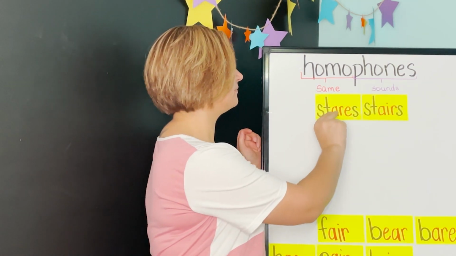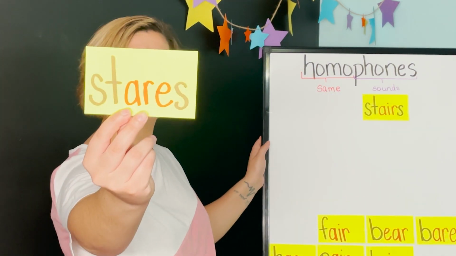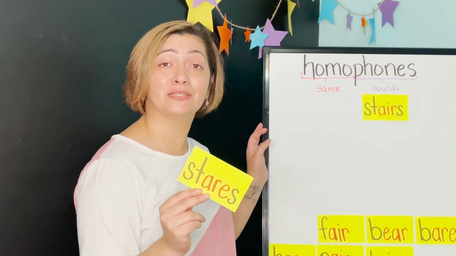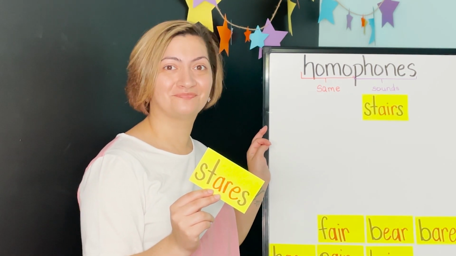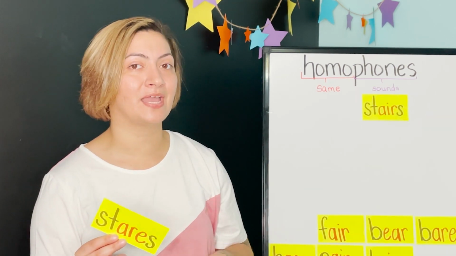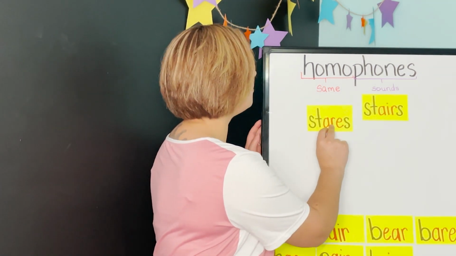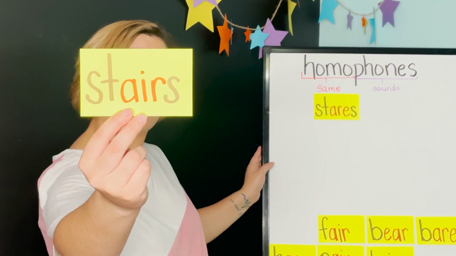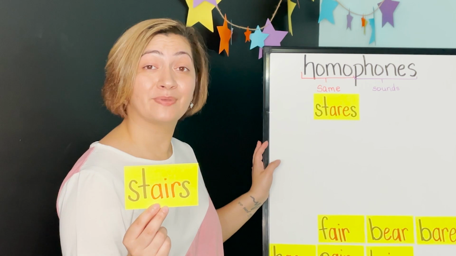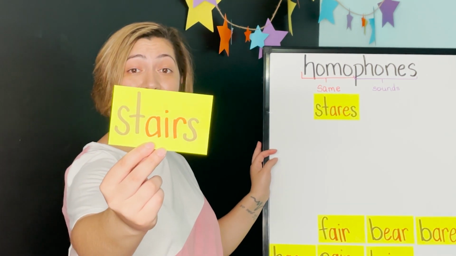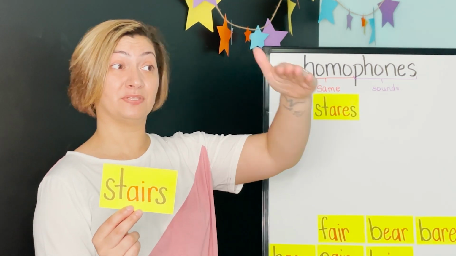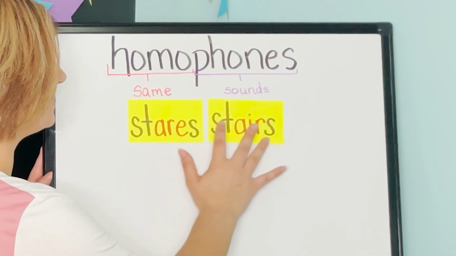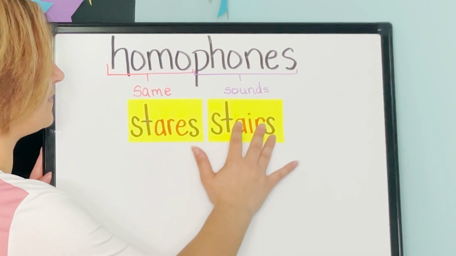Stares is like, wow, the little girl stares at the princesses, meaning you look for a really long time. Or we could have the meaning stairs, like I walk up the stairs to my apartment. Kind of like a ladder, but there's stairs inside or outside of a house. All right, good. That was an example of a homophone.